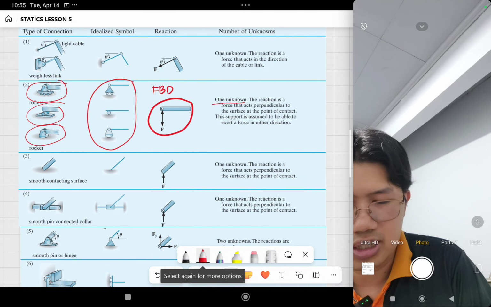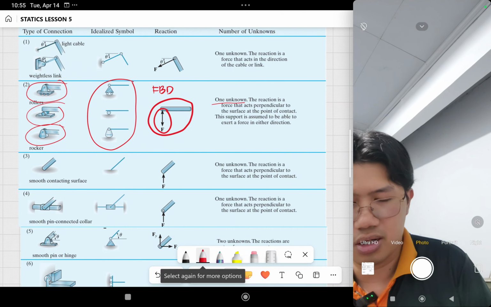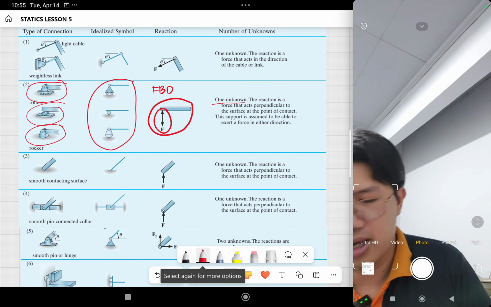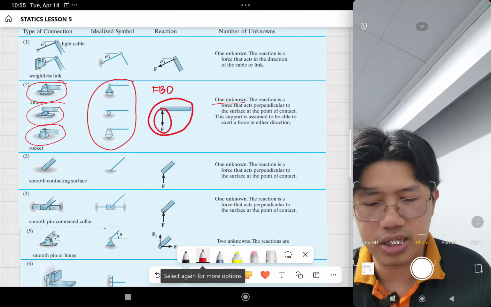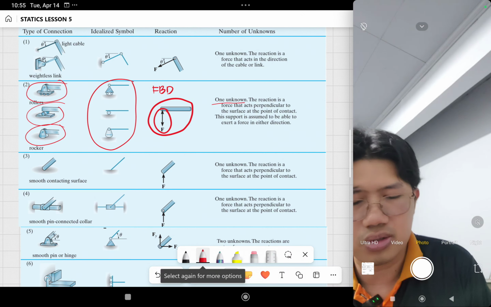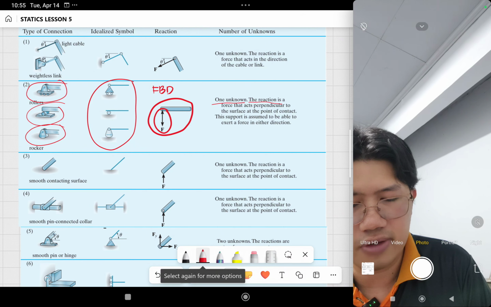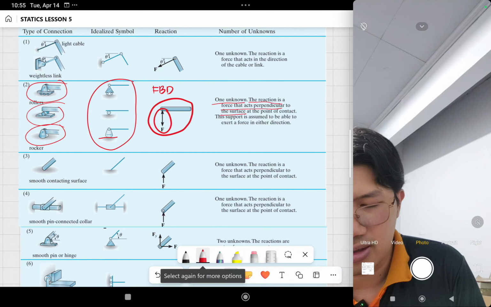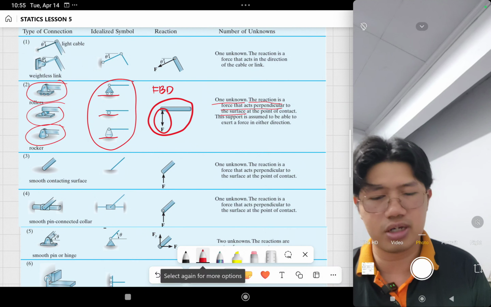Okay, that is either in that direction, kung ano yung direction ng ating roller or ng ating rocker. Okay, so the reaction, sabi dito, is a force that acts perpendicular to the surface. Okay, so if this is the surface, kung horizontal yung surface, yung kanyang reaction is vertical.